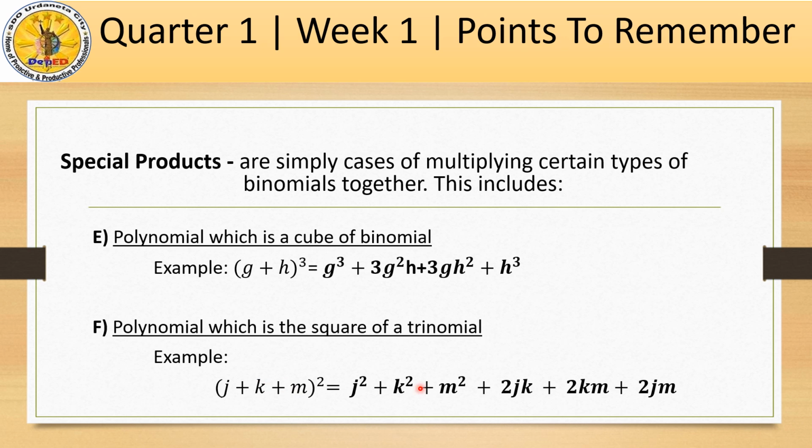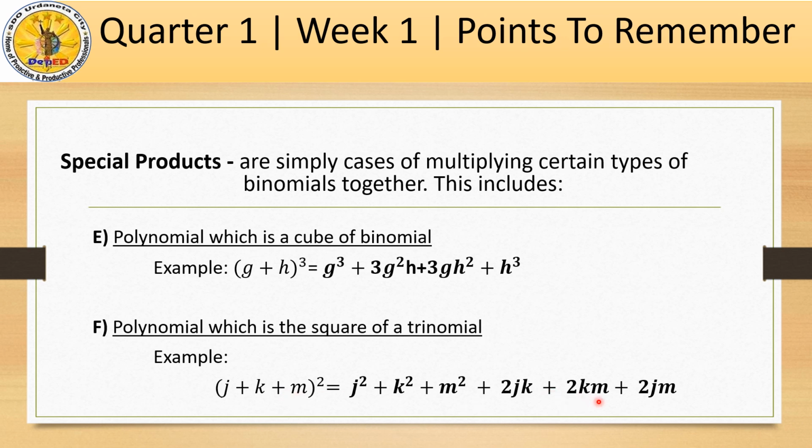Plus, okay, take note, kagaya ng cube of binomial, may constant na 3 doon. Dito naman may constant na 2. So, 2 multiplied by the first and the second term. So, magiging 2jk plus 2 again multiplied by the second term and the last term, which is km.